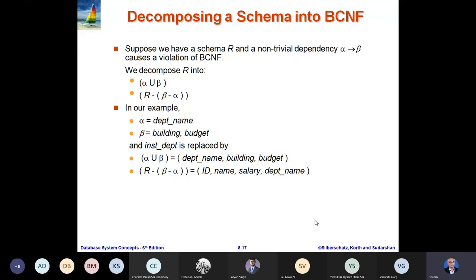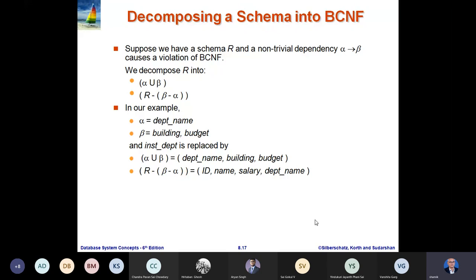And as I said, suppose I decompose R into R1 and R2, what can happen is R2 is in BCNF already, but R1 is not in BCNF. Suppose I want to go for only BCNF, even though it might not be dependency preserving. Then R1 I have to decompose into R11 and R12, where again R11 might be in BCNF but R12 is not, so R12 I have to decompose into R121 and R122.